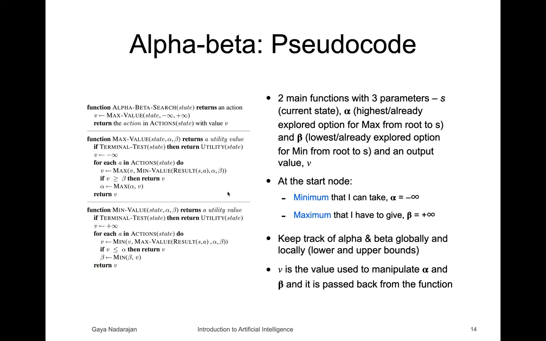And at the start node, so when this algorithm starts, it's going to initialize alpha to minus infinity. Now, why is that? Alpha is a maximizing node, okay? It's tied to max. So in order to get alpha, to get max, to even play the game, you start off by telling alpha, okay, the minimum that you can take is actually minus infinity.